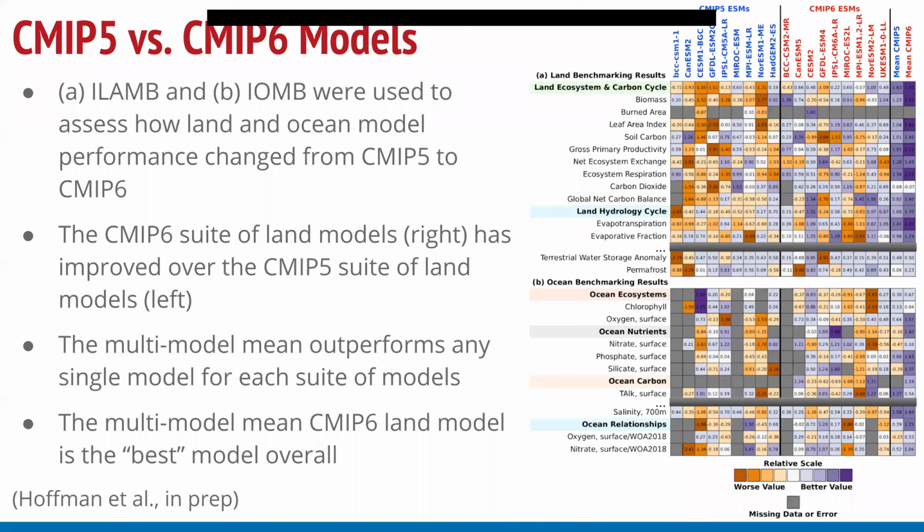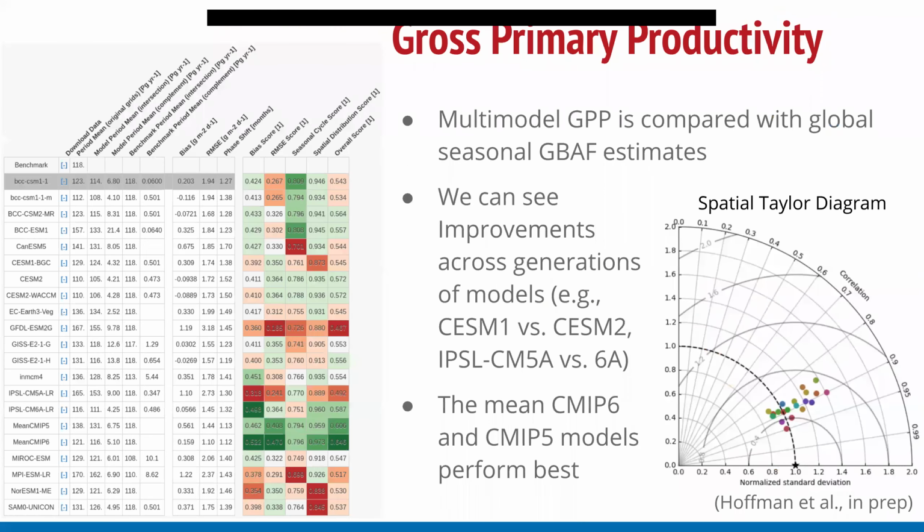If we were to drill down on gross primary productivity from this CMIP5, CMIP6 comparison, we would get a table that looks like this, where we can look at the period mean, including from the benchmark, and what the bias, RMSE, and phase shift are, and then what the scores are computed from all of those quantities.